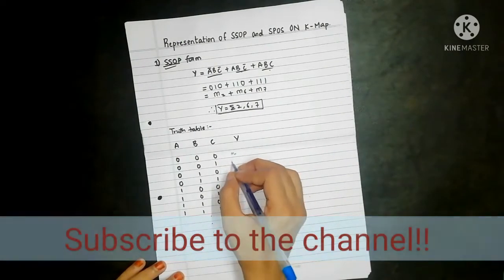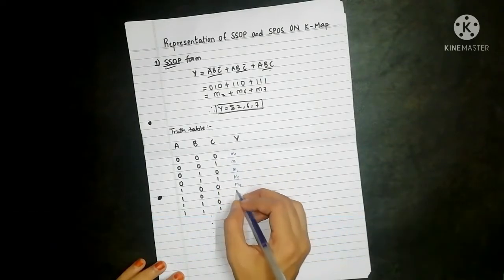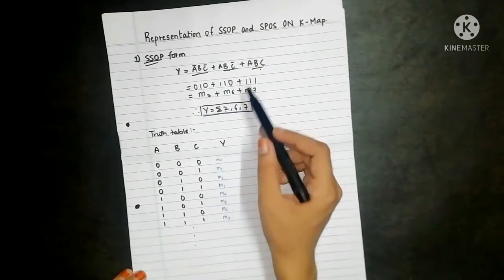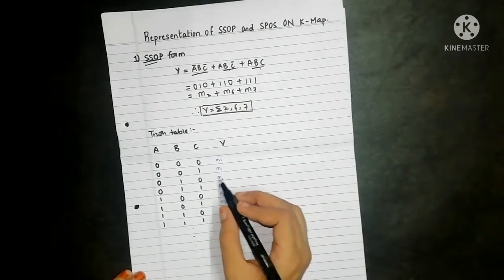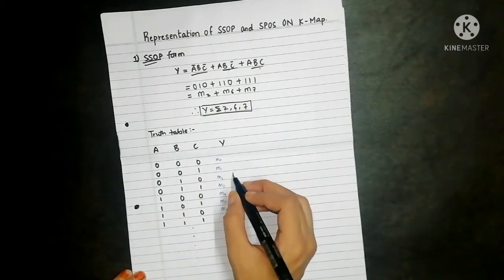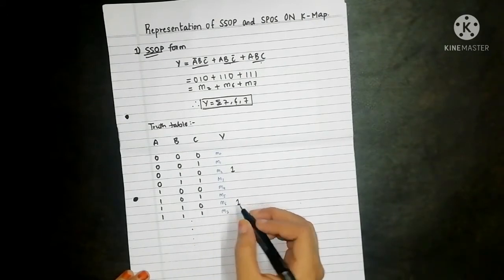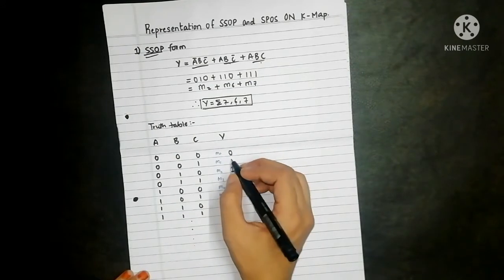This is my M0, M1, M2, 3, 4, 5, 6 and 7. From the equation we got 2, 6 and 7 min terms. So on M2 we will get 1, on M6 we will get 1, and on M7 we will get 1. The remaining will be 0.